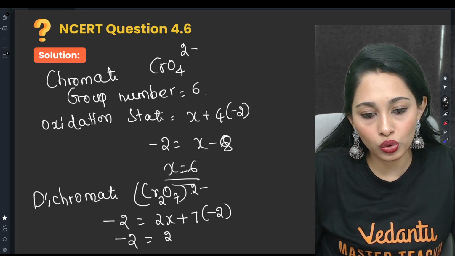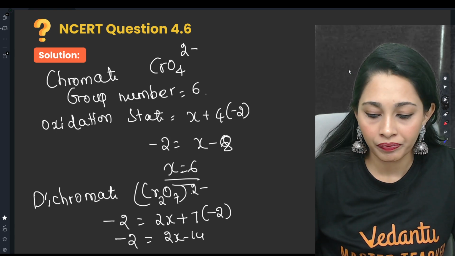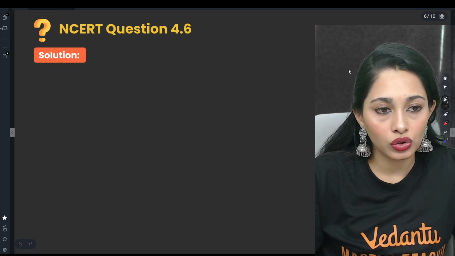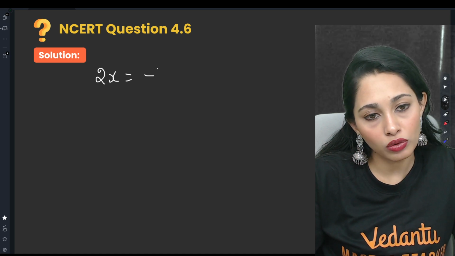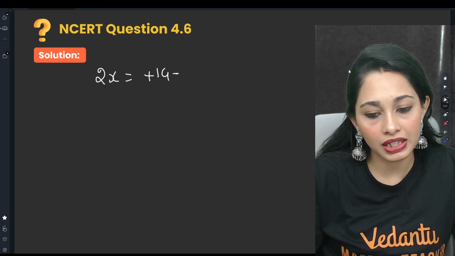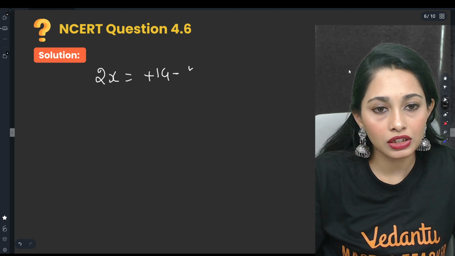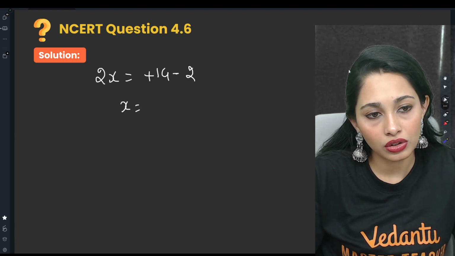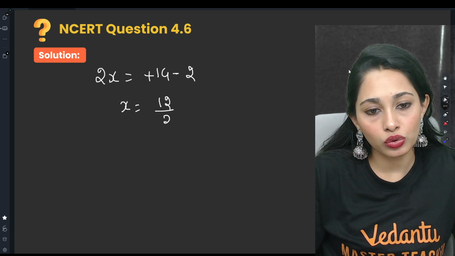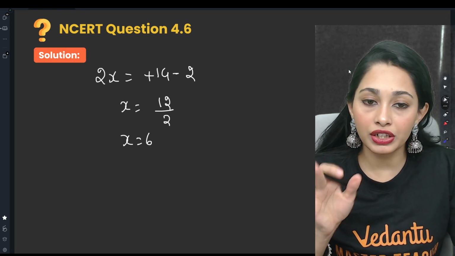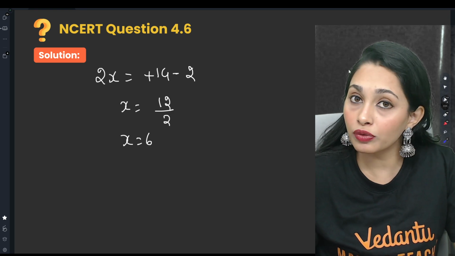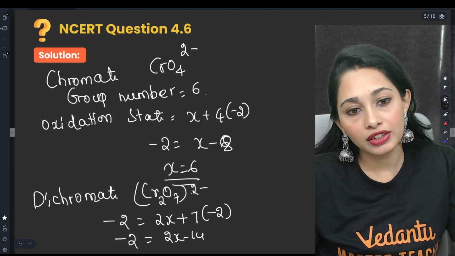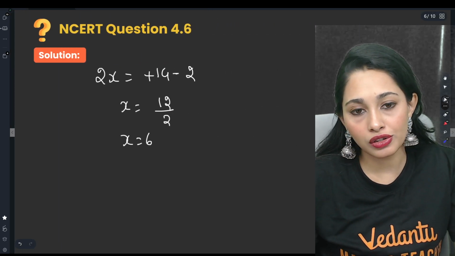Minus 2 is equal to 2x minus 14. So 2x is equal to plus 14 minus 2. X is equal to 12 by 2. X is equal to 6. Even in chromate and dichromate, the oxidation state of chromium is plus 6. And the group number to which chromium belongs is also 6.